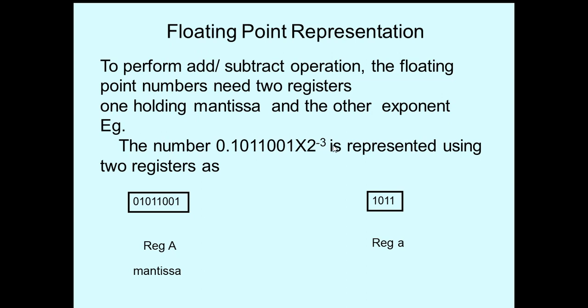Here the data is in binary form, so we take the base as 2, and this minus 3 is the exponent value.